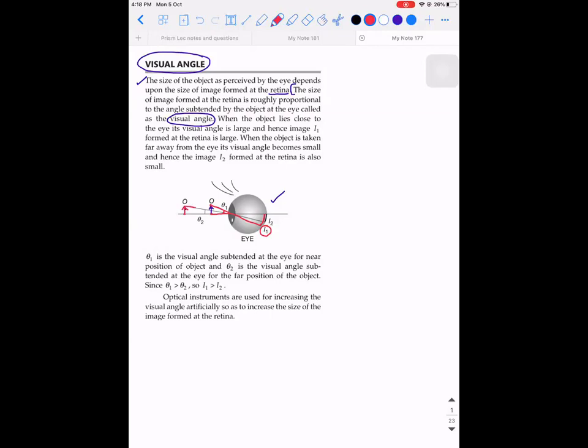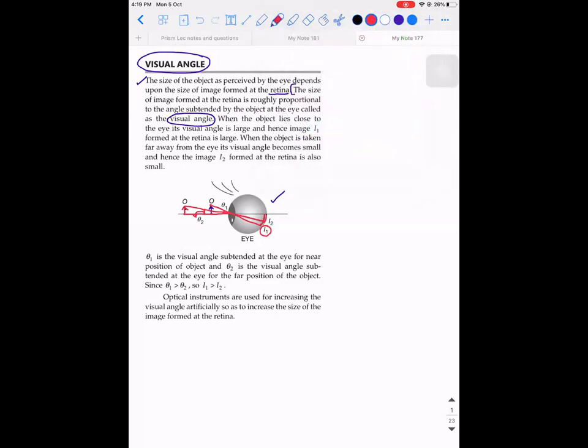There is an angle subtended at the eye, given as theta 2, due to which the final image is comparatively smaller than in the previous case, right? Are you guys able to understand this? So let's read it out.